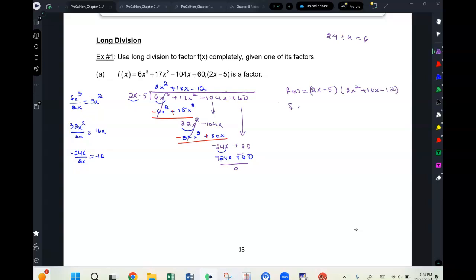I can factor this a little bit more, and I get 3x and x, minus 2 plus 6. Does that look good?